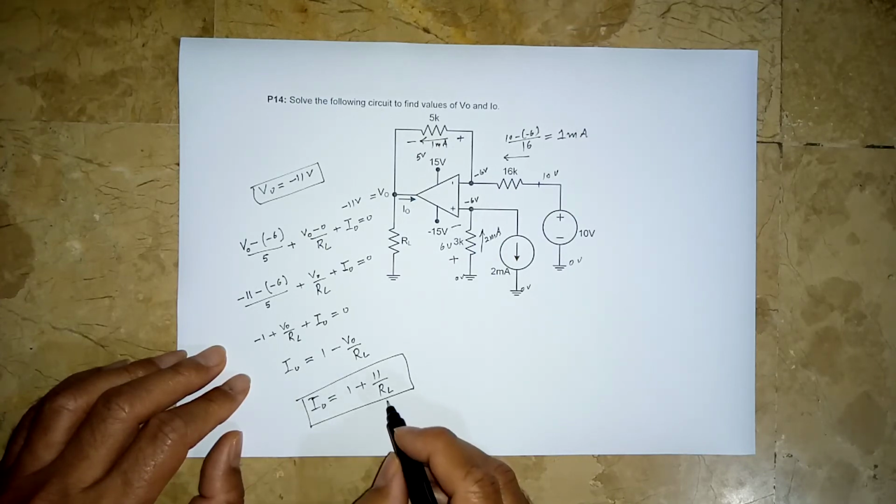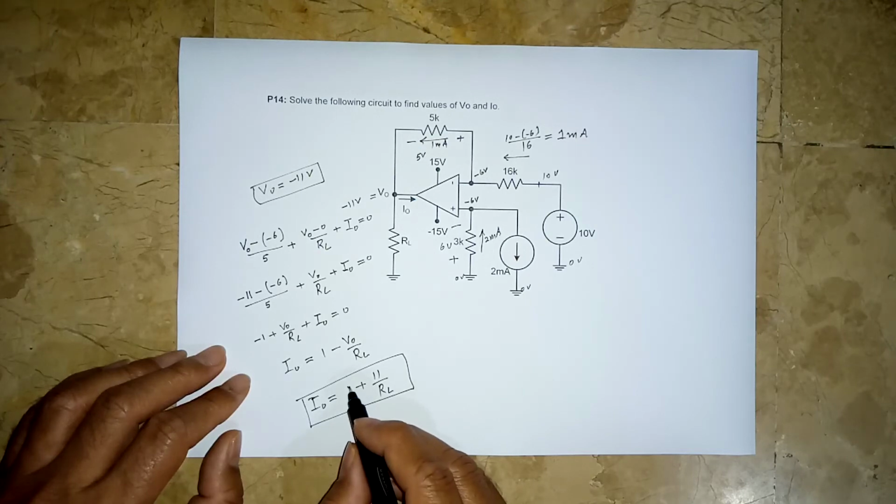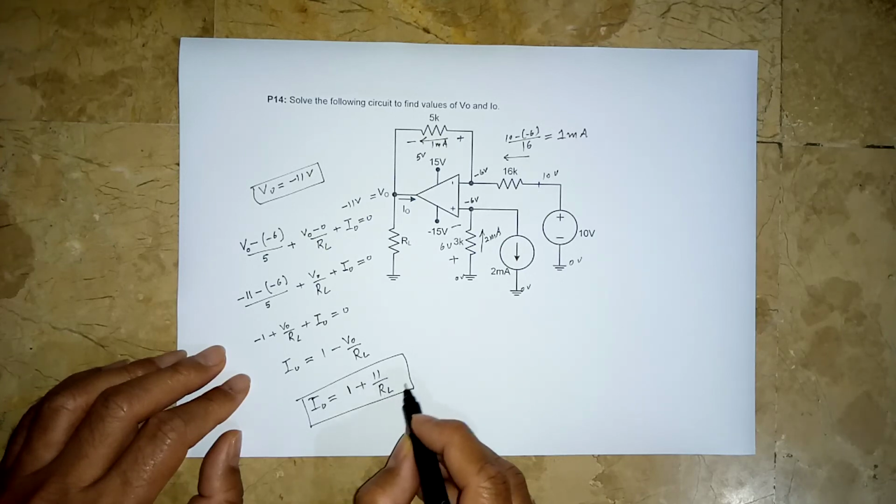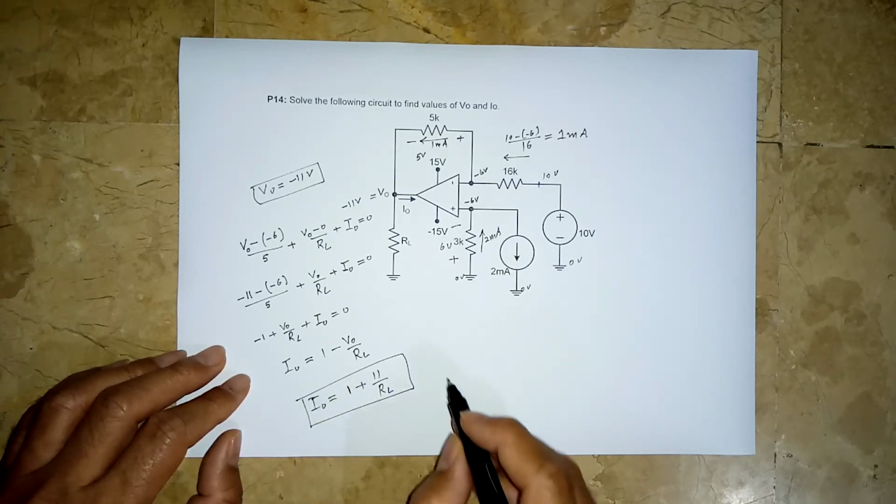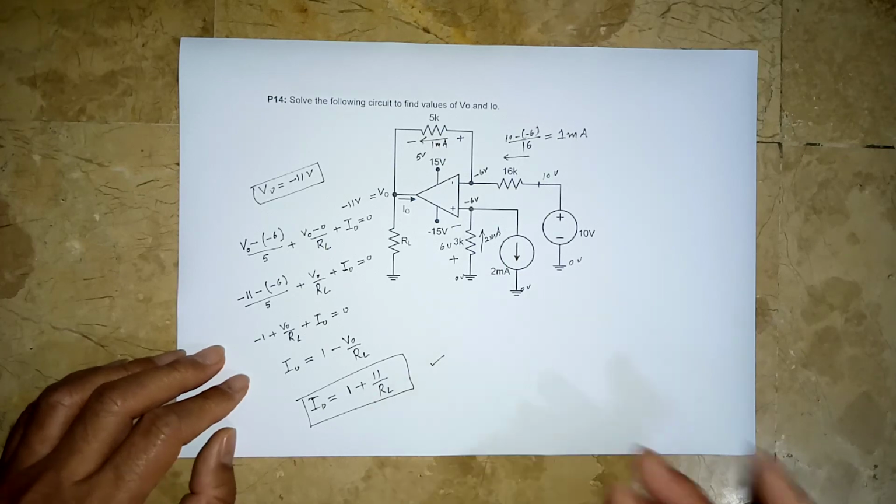So RL must be in kilo ohms, because this 1 is 1 milliampere, for this IO to be in milliamperes. It was a simple circuit.